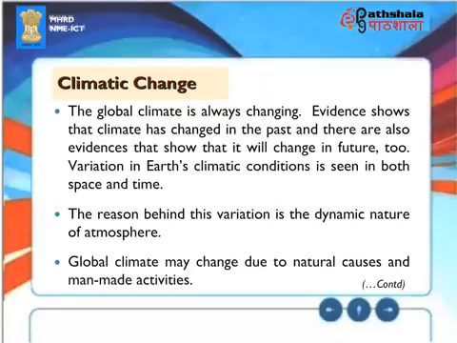Climatic change. The global climate is always changing. Evidence shows that climate has changed in the past, and there is also evidence that it will change in future too. Variation in Earth's climatic conditions is seen in both space and time. The reason behind this variation is the dynamic nature of the atmosphere. Global climate may change due to natural causes and man-made activities.